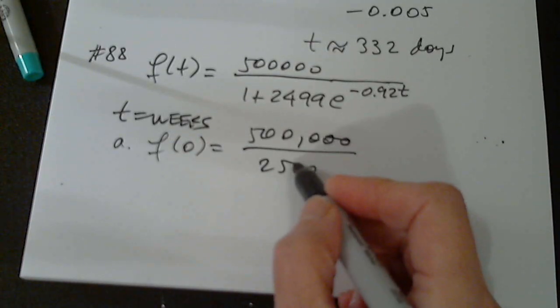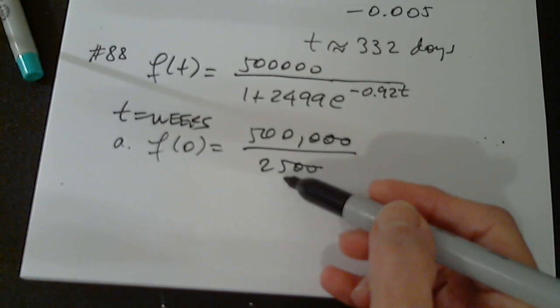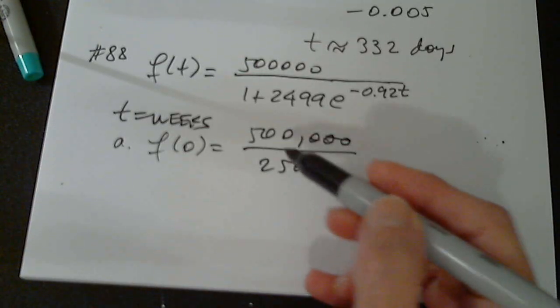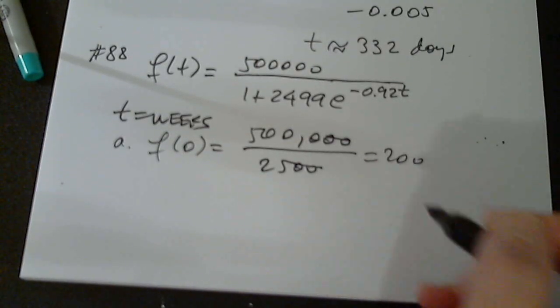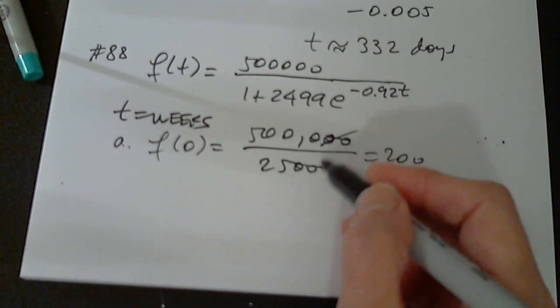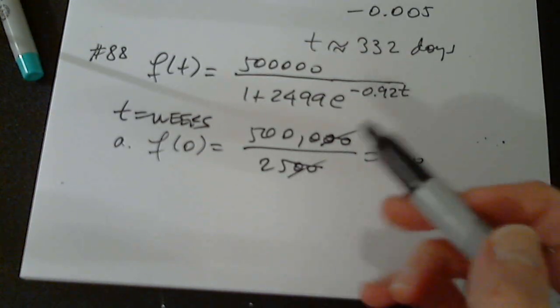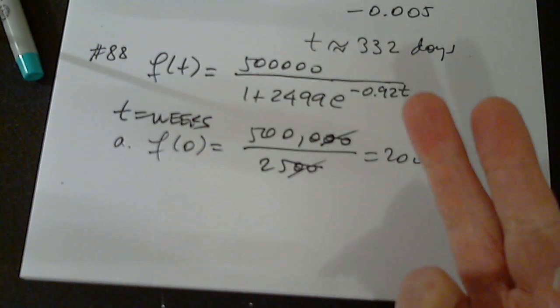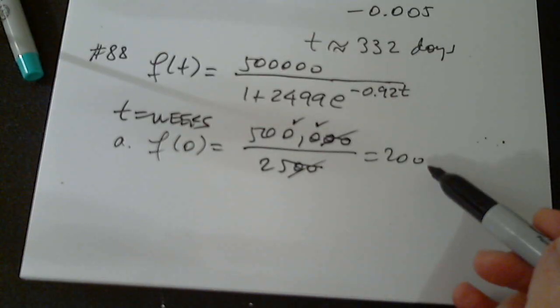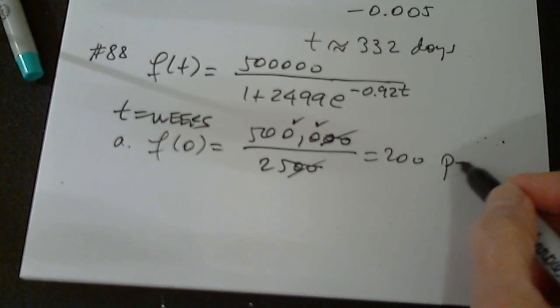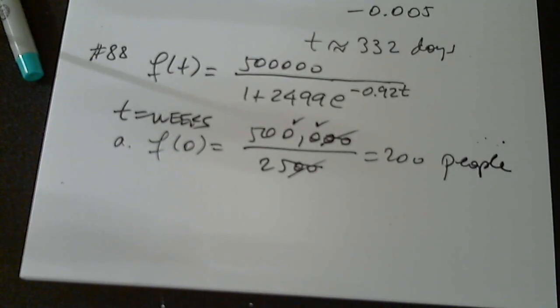No issue, no problem. 50 divided by 25 is 2, so that's 200 people. I simplified 2 zeros with 2 zeros. I divided 50 by 25 and I got 2, and there are 2 zeros left. So initially, when the outbreak began, 200 people were sick.